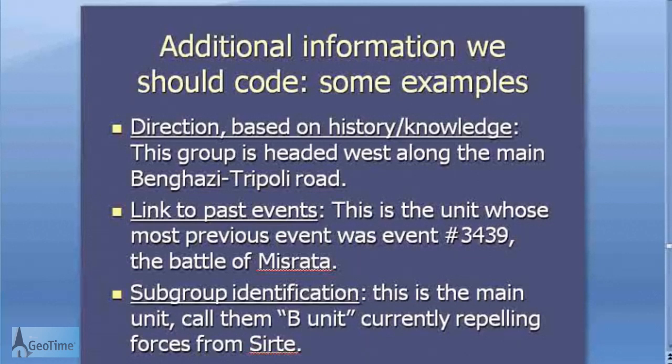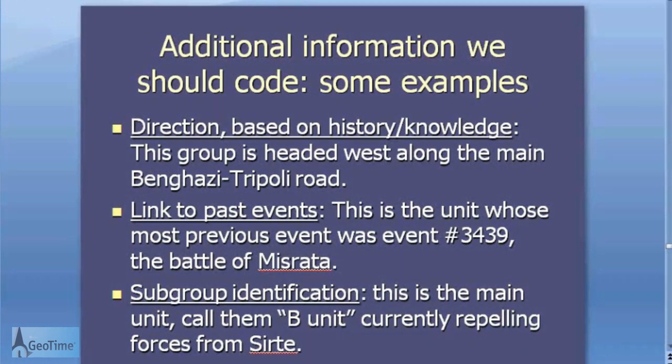So for example, directionality, right? Based on what we know, we have volunteers that sometimes code for weeks and months straight, and they end up becoming experts of that conflict, or at least knowing the trajectory of events very well. And we would like to preserve that. So in each event, we could have a category that says, this is the direction that this group is headed.